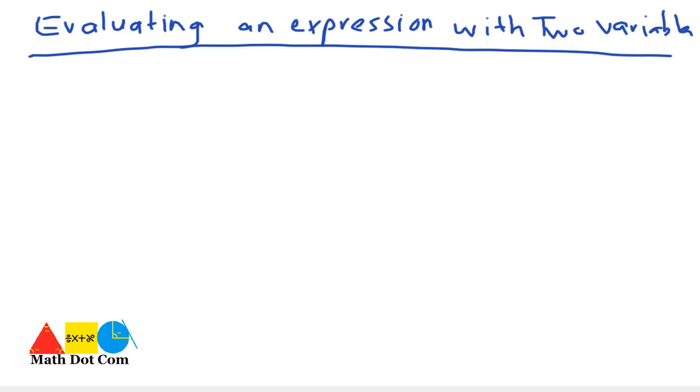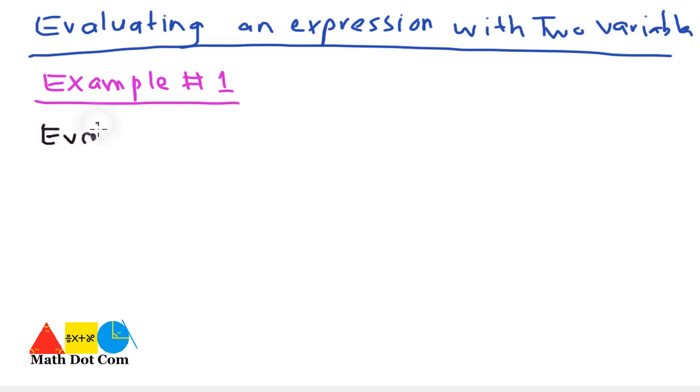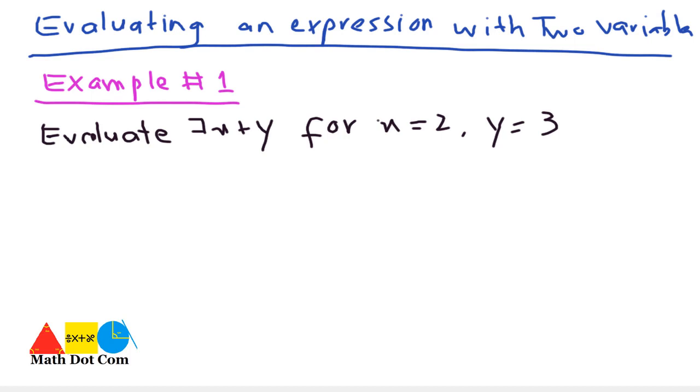We will evaluate it through examples. Example number 1: evaluate 7x plus y for x equals 2 and y equals 3. We have two variables here. How will we solve it?